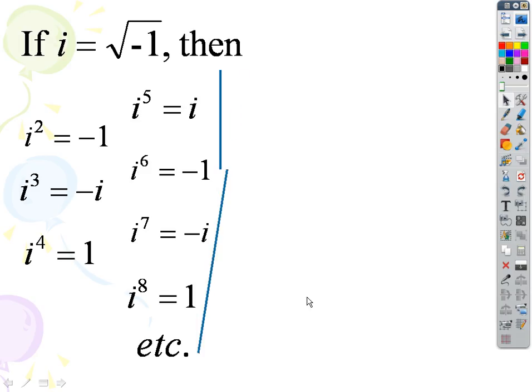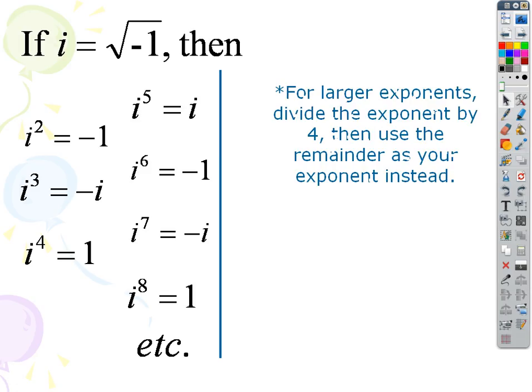So if we want to do something weird, take an arbitrarily big power of i, like say i to the 23rd, all we've got to do is see where we are in this cycle. So we just ask ourselves, how many times does 4 divide into 23 evenly? 5. We don't really care about that so much. What's the remainder? 3.